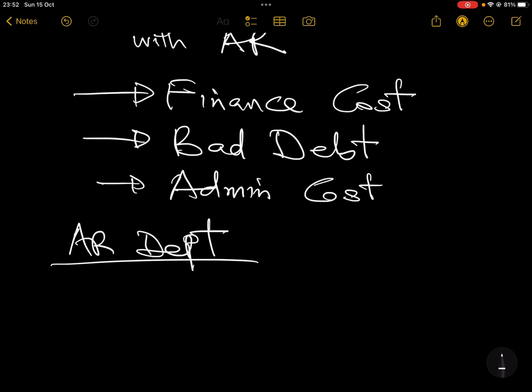Those staff will definitely collect salary. They will not do it for free, right? And because of that, their staff salary, their transport, whatever they spend in trying to collect that cash from their customers as quickly as possible, all of that will be grouped into what we call the admin cost.